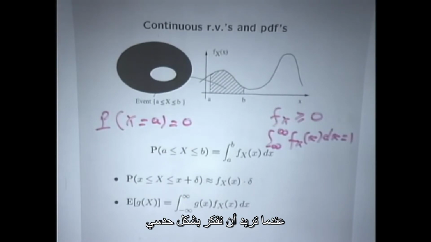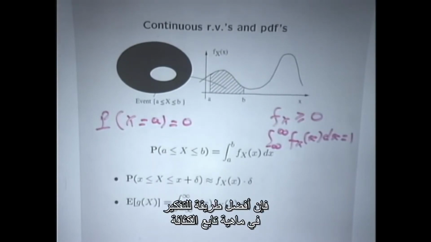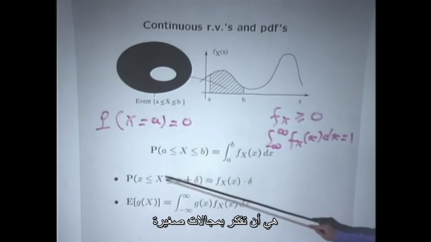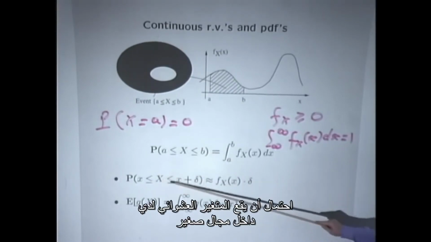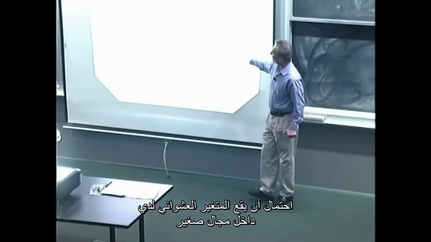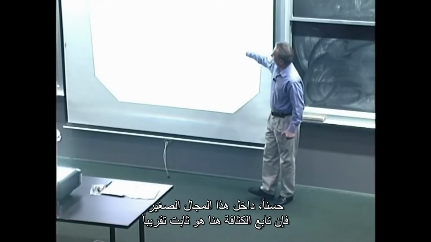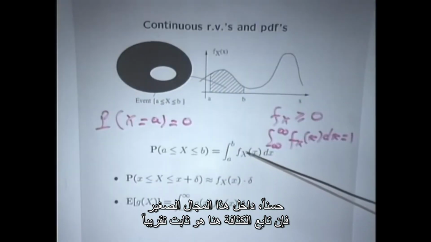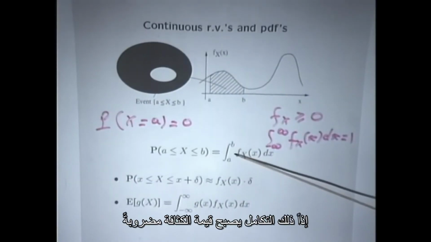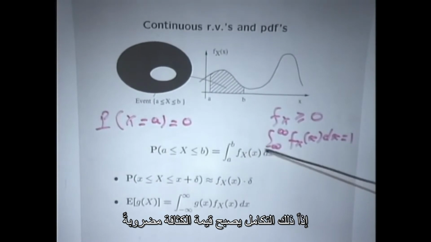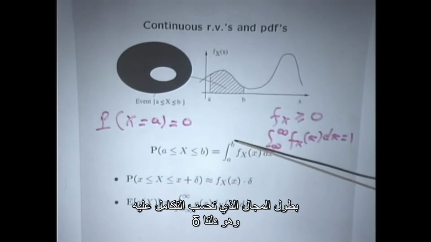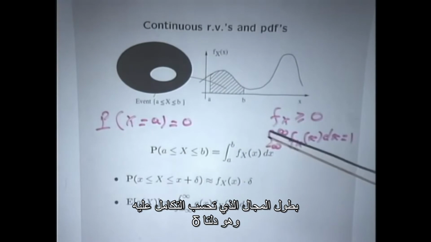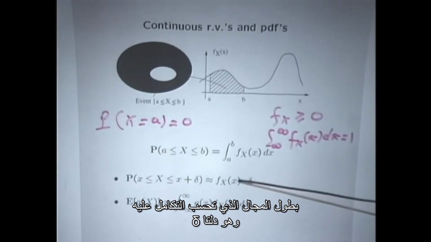When you want to think intuitively, the best way to think about what the density function is, is to think in terms of little intervals. The probability that my random variable falls inside a little interval: inside that little interval, the density function here is roughly constant, so that integral becomes the value of the density times the length of the interval over which you're integrating, which is delta.